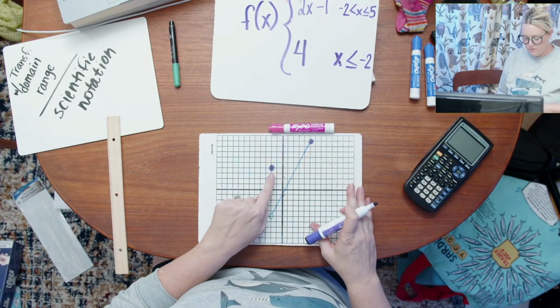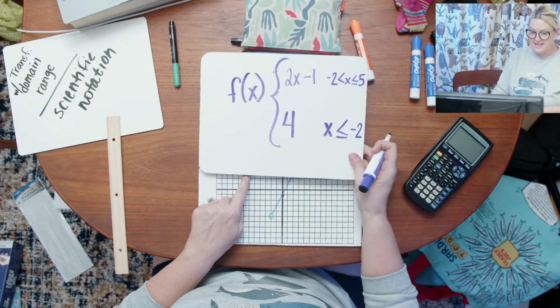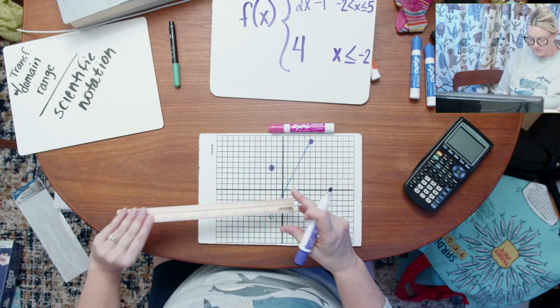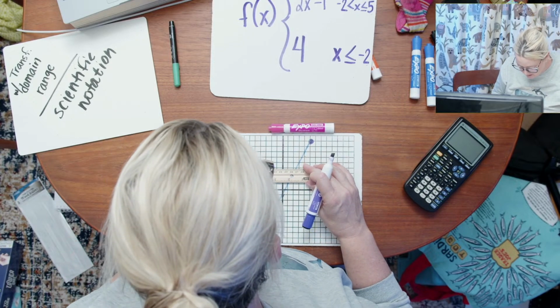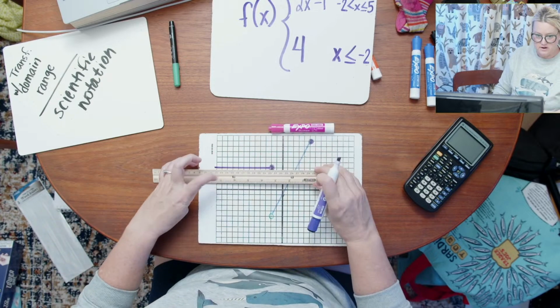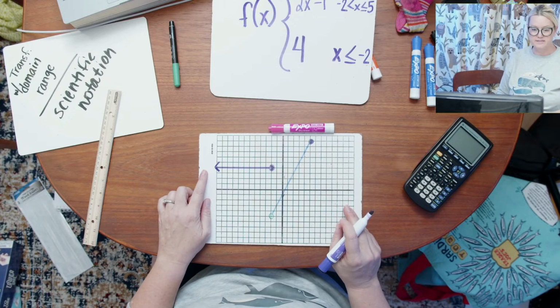So from there to any x value that's less than or equal to negative 2, that's where that y value is going to be, or that y equals 4. Okay, so it's going to go like that. And this one, because there's no lower limit, it's going to keep on going.